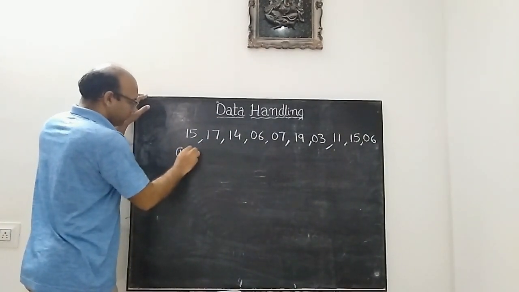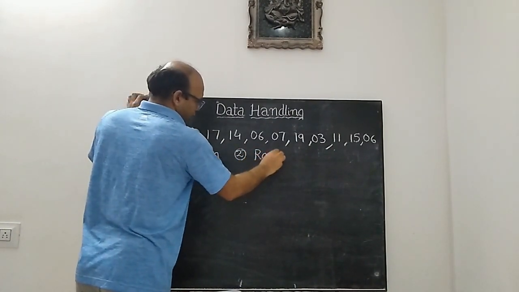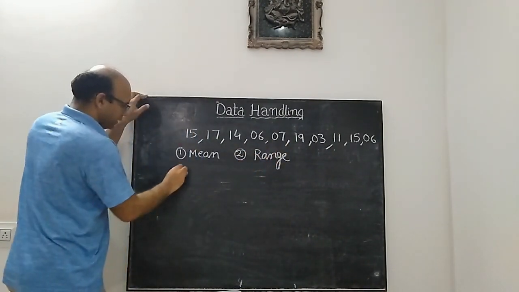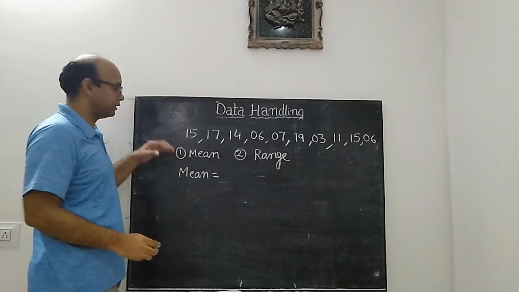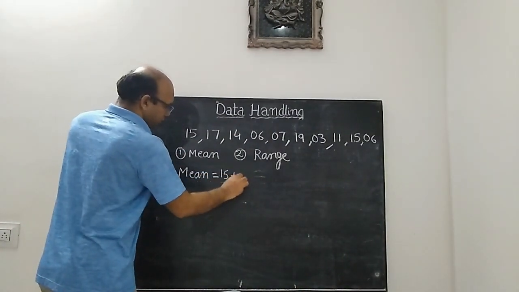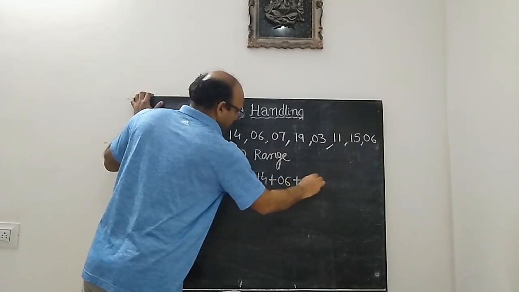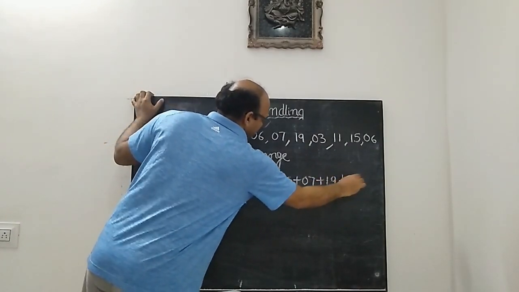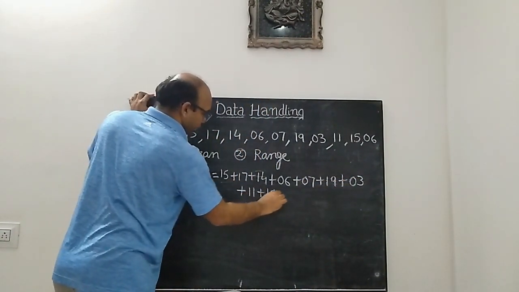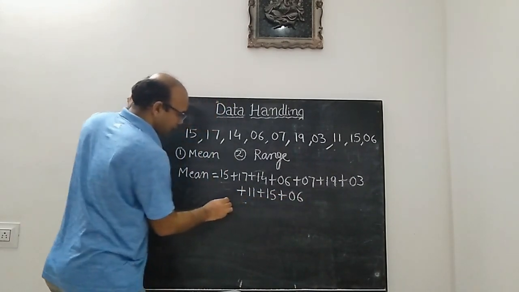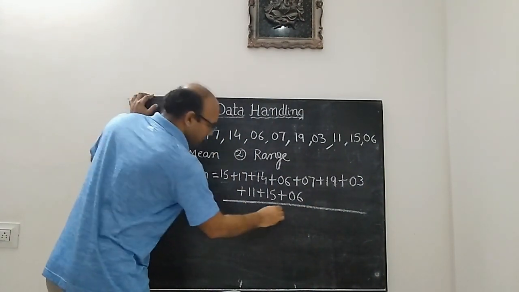We have to calculate the mean and second the range. So mean will be equal to sum of all the observations, that is 15 plus 17 plus 14 plus 6 plus 7 plus 19 plus 3 plus 11 plus 15 plus 6, and we divide by the number of observations. That will be say here 10.